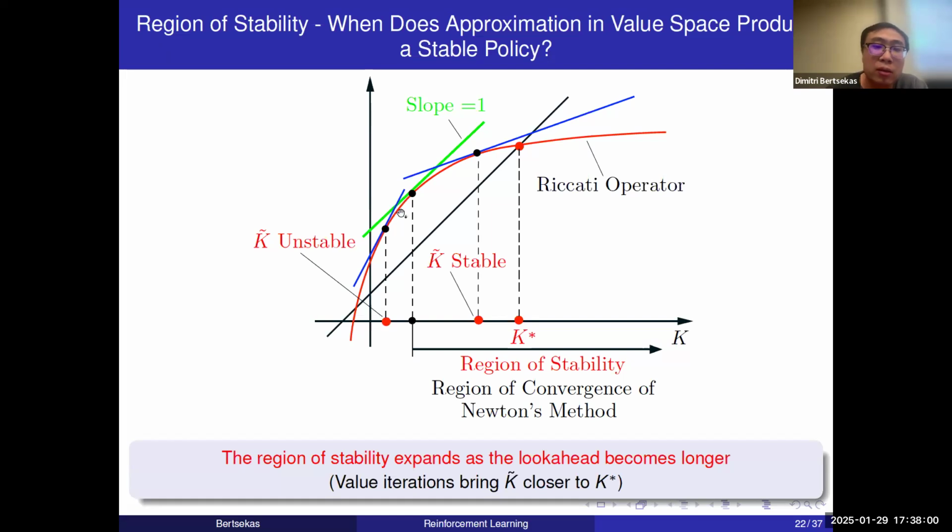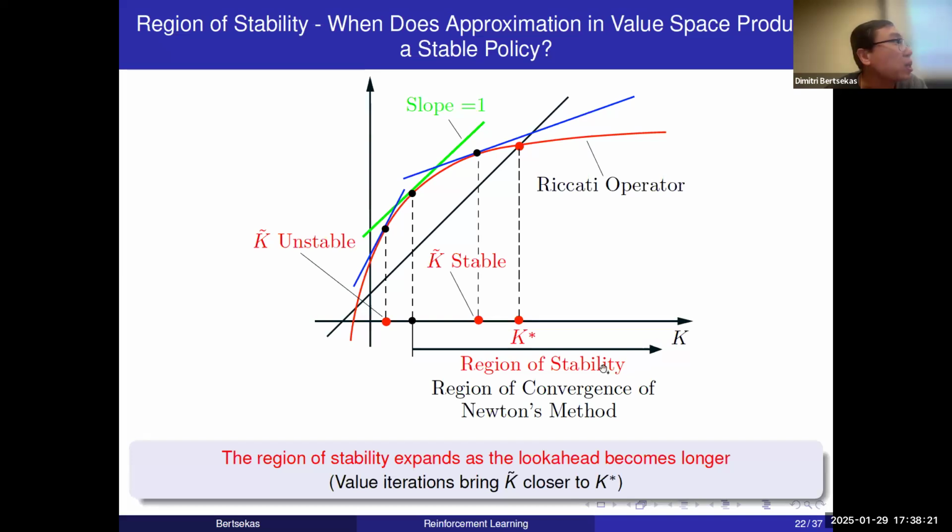So then the question emerges: from where should we choose those k tilde? All those k tilde that lead to a stable one-step look ahead policy, we call it the region of stability.